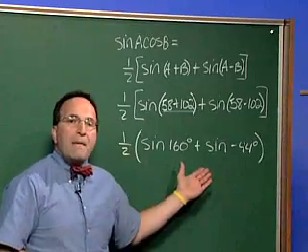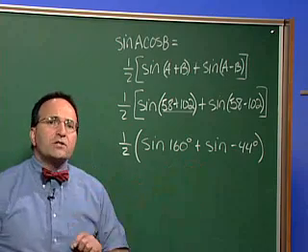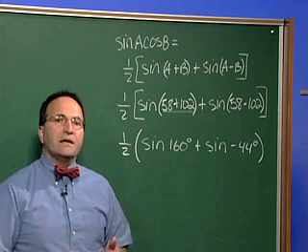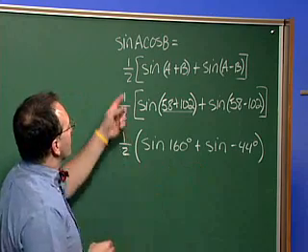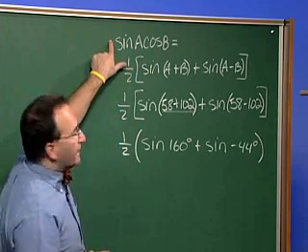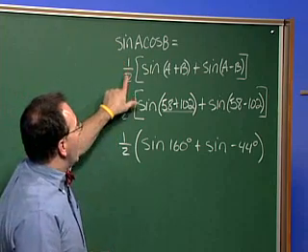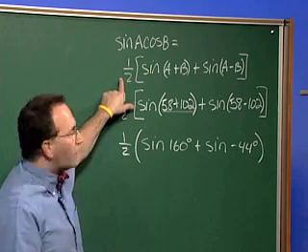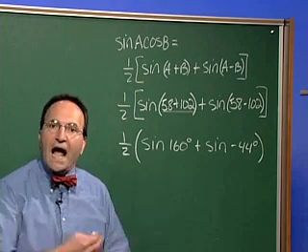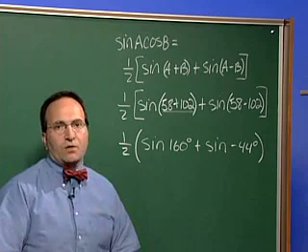Now, remember that our original problem was 2 times the sine of 58 times the cosine of 102. So that means I need to multiply both this side of the equation as well as this side of the equation, which means that when I multiply by 2, the 1/2 and 2 will reduce down to 1.